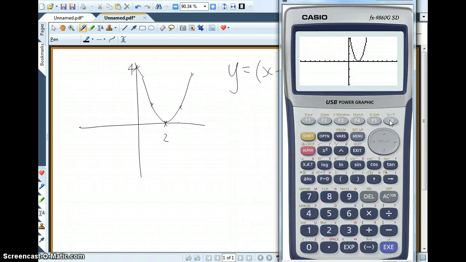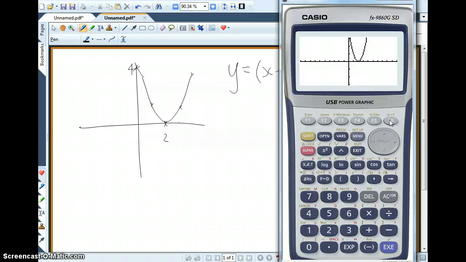Okay. -2 shifts it to the right. What is +2 going to do? Shift it to the left. Okay. Where's -5 going to shift it to? It's going to shift it 5 positions to the right.